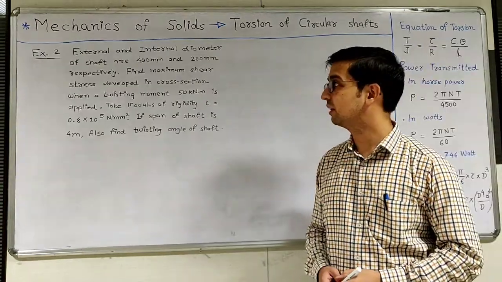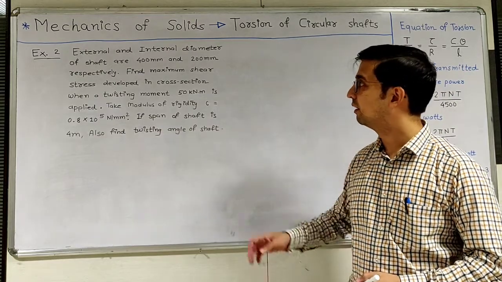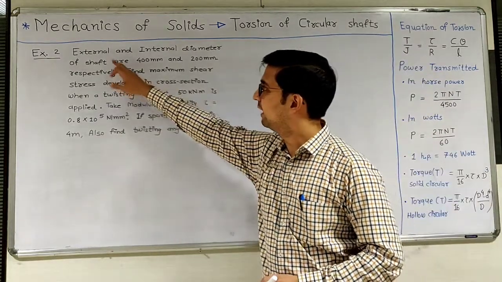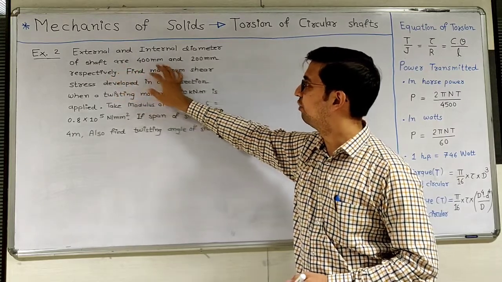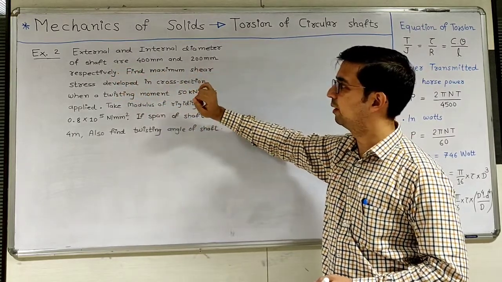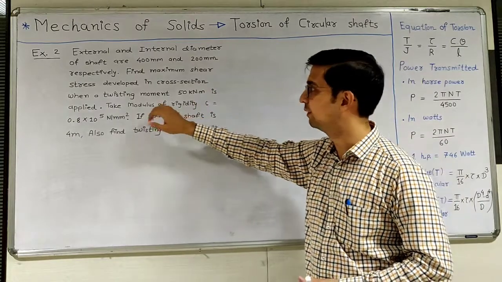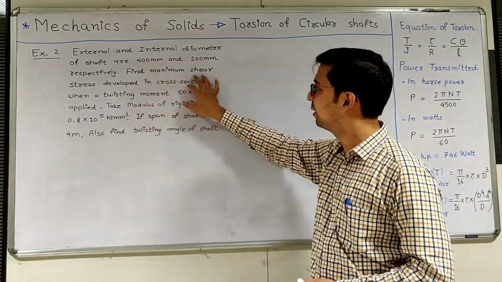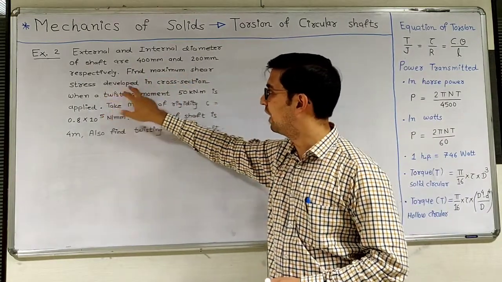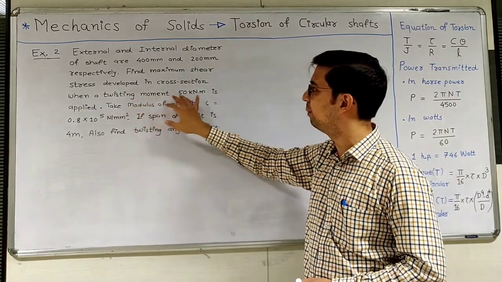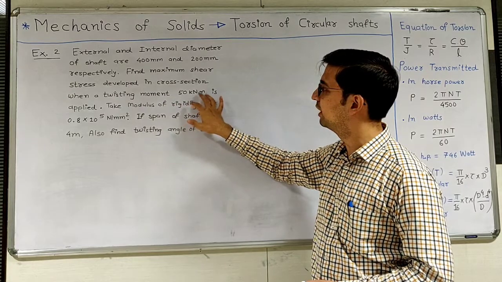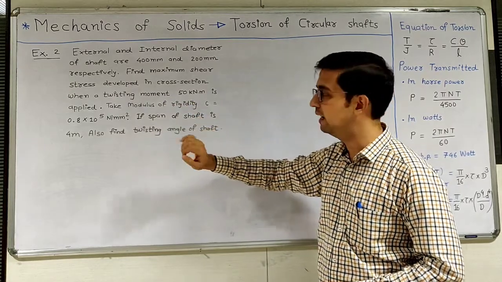In the next example, the external and internal diameters of the shaft are given as 400 mm and 200 mm respectively. Find the maximum shear stress developed in the cross section when a twisting moment of 50 kilonewton into meter is applied.